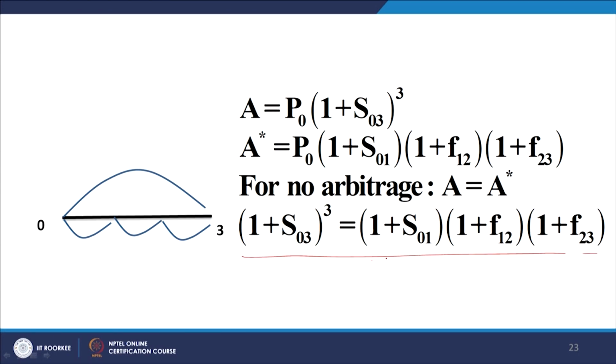The amounts that I get at the end of the 3-year period must be the same in both cases, and therefore we must have 1 plus S03 to the power 3 equal to 1 plus S01, which is the amount I get at the end of the first year investment, multiplied by 1 plus f12, which is the forward rate agreed upon at t equal to 0 for a loan starting at t equal to 1 and ending at t equal to 2, into 1 plus f23, which is another forward rate for 1 year, which starts at t equal to 2 and ends at t equal to 3.